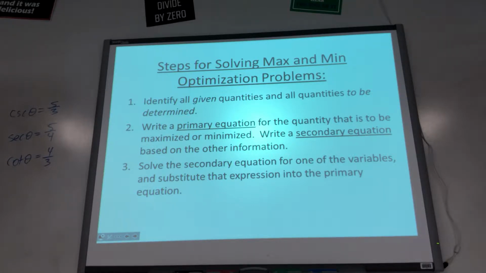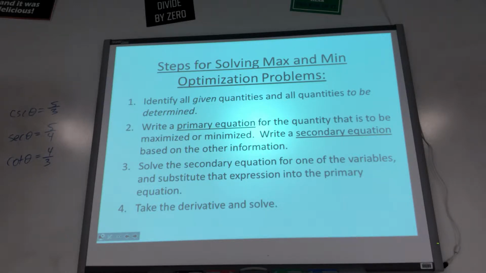And step four, thank goodness, a little bit shorter: take the derivative and solve. Okie doke. Two different equations, primary and secondary. So again, we'll have to take the time to label each one so we know which one to use.